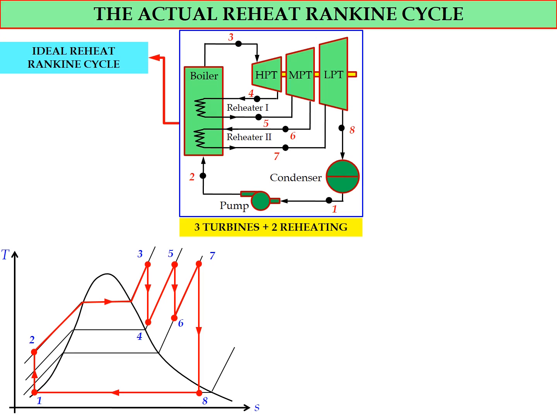In terms of process, we will have 1 isentropic compression at the pump and 3 isentropic expansions in the turbine, as shown in the TS diagram. In terms of phase, state number 1 will be saturated liquid, state number 2 compressed liquid, state number 3 after the heat addition process, the water will be in the superheated vapor region.